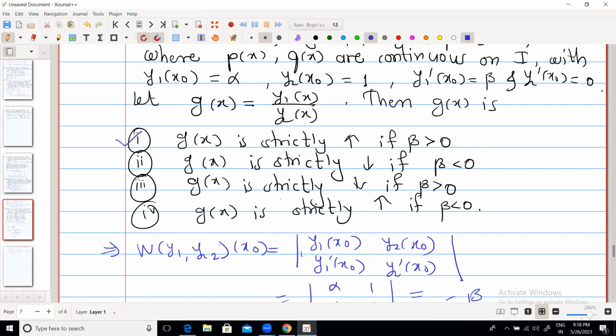If beta is less than 0, g is strictly decreasing. So first two options are correct.